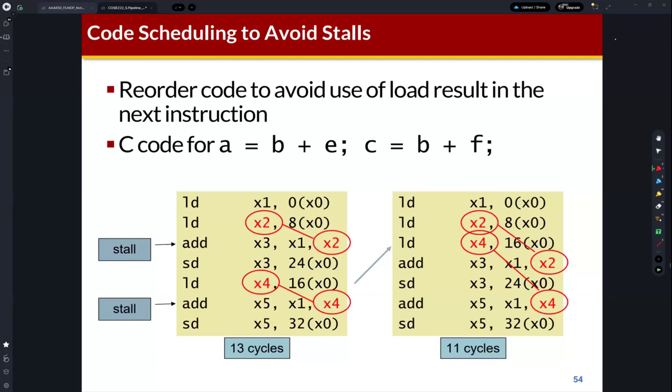But as you can see, these instructions are in the basic blocks, right? In chapter 2, we learned about the basic block, right? And I mentioned that the basic block is very important for the compiler techniques, right?